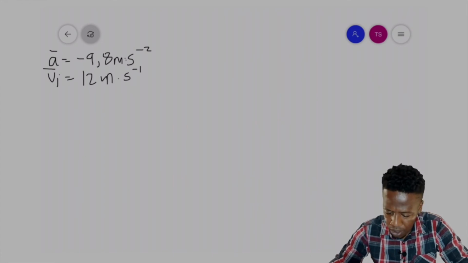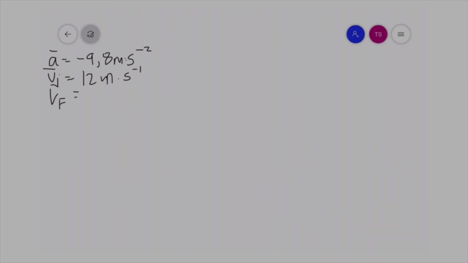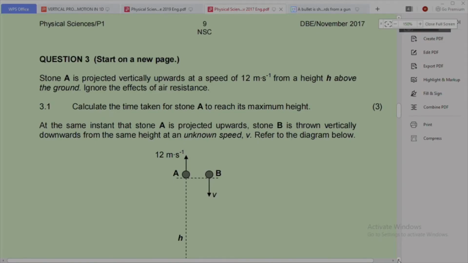We know our final velocity, which is 0 meters per second. Why do I say 0? Let's reread the question again. The question says calculate the time taken for stone A to reach its maximum height.